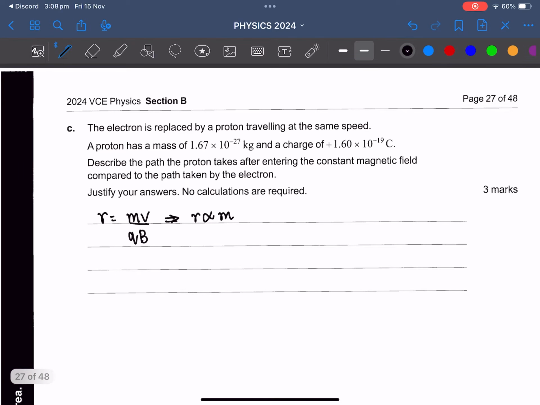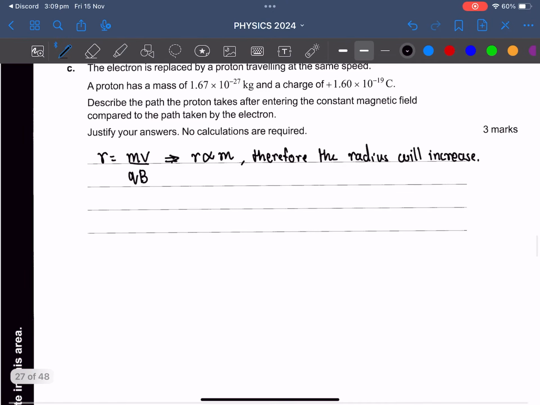Since the mass of a proton is greater than the mass of an electron, therefore the radius will increase. That's one thing that will change. So that's one of the changes.